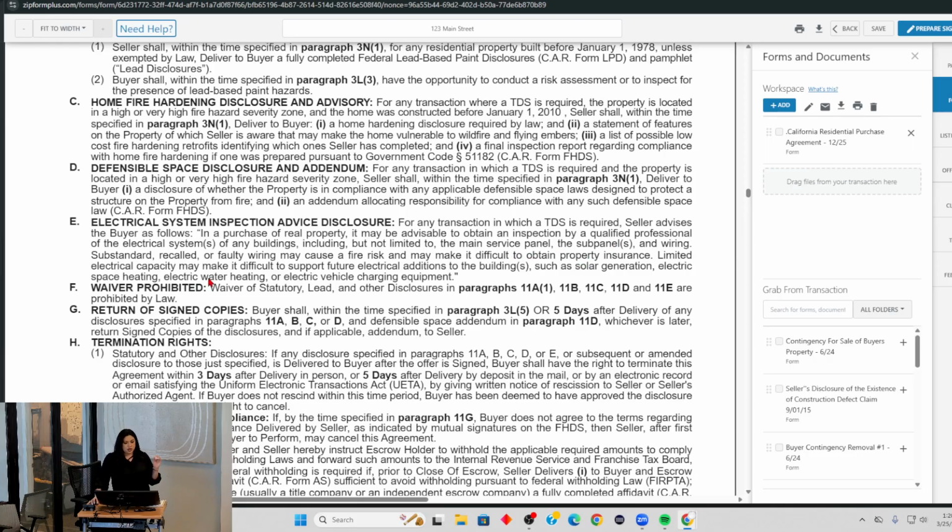The sub-panel and wiring, substandard recall, or any faulty wiring may cause a risk of fire and make it difficult to obtain property insurance. Limited electrical capacity may make it difficult to support future electrical additions.